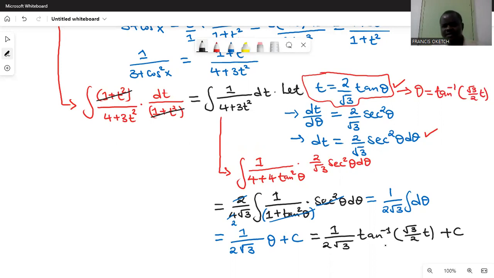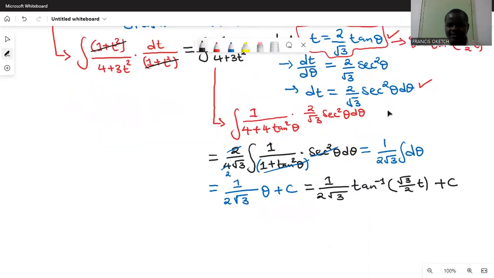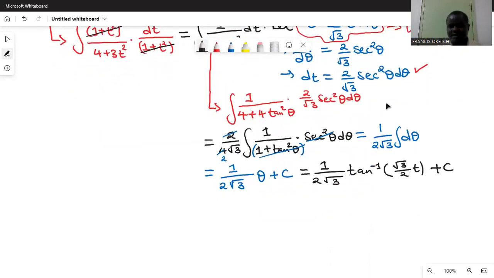What did we say t is equal to? Remember, we started by saying let t be equal to tan x. So in place of t, I am going to write tan x so that our final answer will be equal to 1 over 2 root 3 times tan inverse of root 3 over 2.